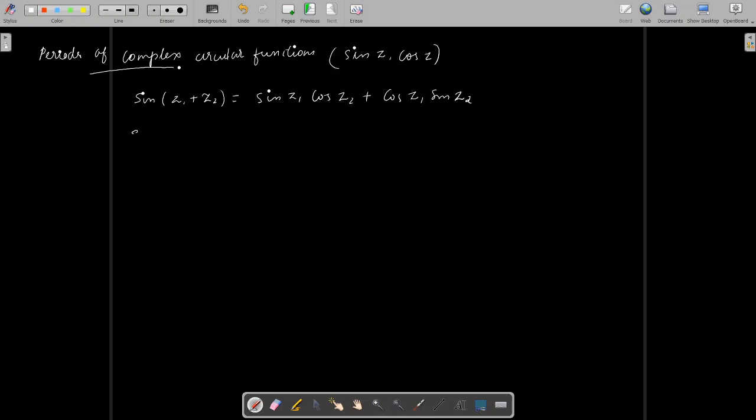If we consider sine of z plus 2 pi, then you can write it as sine z cos 2 pi plus cos z sine 2 pi.